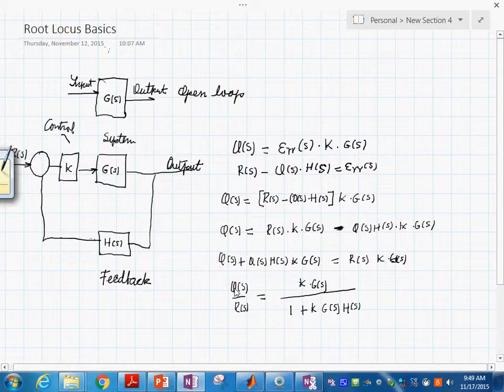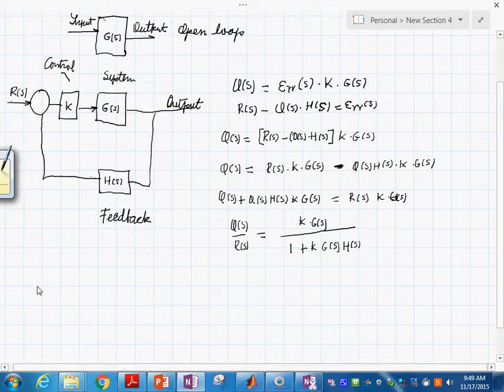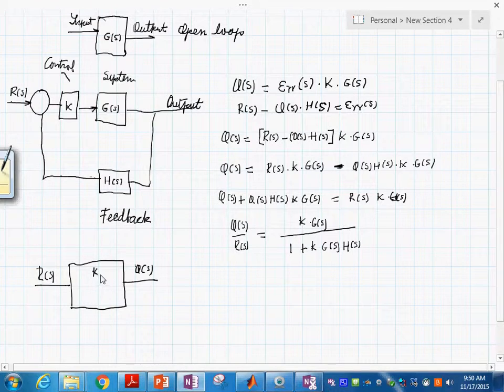And once we have done this, what has happened here is that we have reduced the system to a transfer function of the closed loop system, where this is R of S, this is the output, and in here this is K G over 1 plus GH.